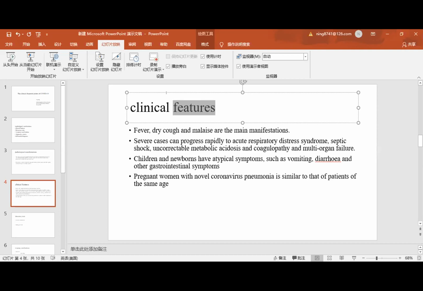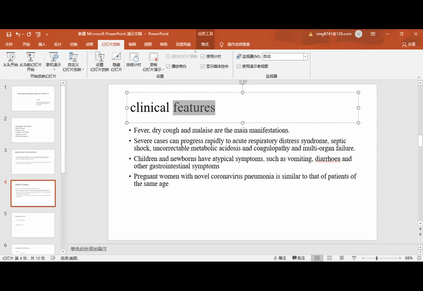Most patients have a good prognosis, but few are critically ill. The prognosis is worse in the elderly and in those with chronic underlying disease. The clinical course of pregnant women with novel coronavirus pneumonia is similar to that of patients of the same age. In children, the symptoms are relatively mild.